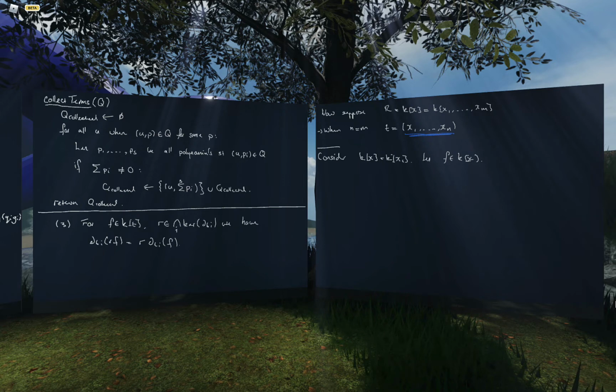Okay, and let f be a polynomial. So given another variable y, one can show in the polynomial ring K[x,y] that we have the following relation, inspired by Taylor's theorem.